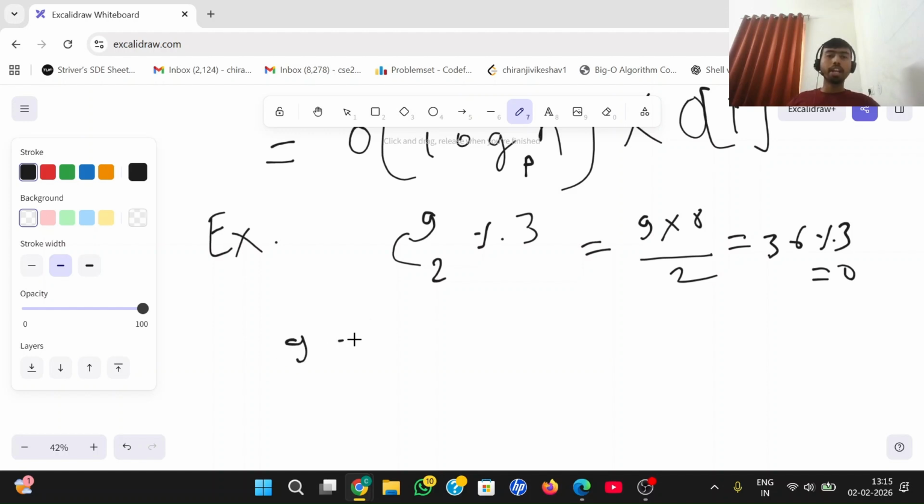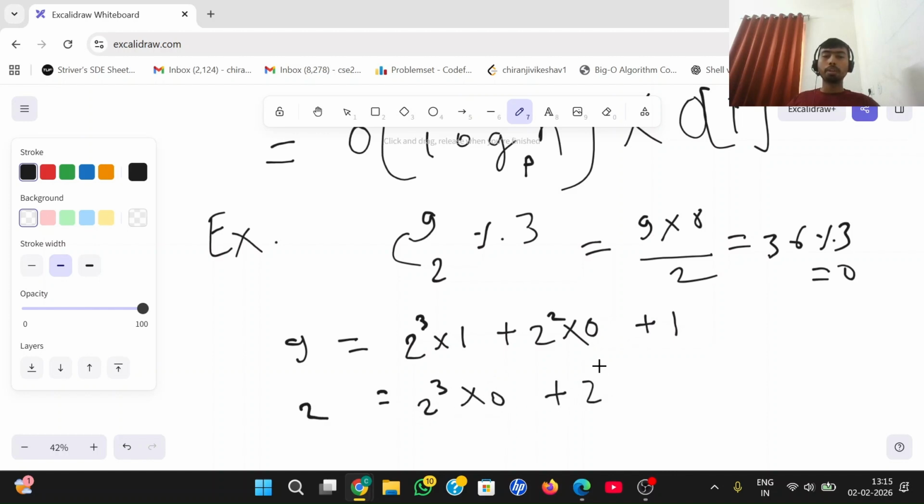So we can write 9 is equal to 2 to the power 3 multiplied by 1 plus 2 to the power 2 multiplied by 0 plus 1. Similarly, we can write 2 as 2 to the power 3 multiplied by 0 plus 2 to the power 2 multiplied by 0 plus 2 to the power 1 multiplied by 0 plus 2 to the power 0 multiplied by 1.